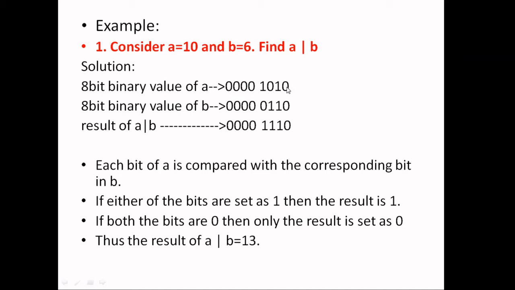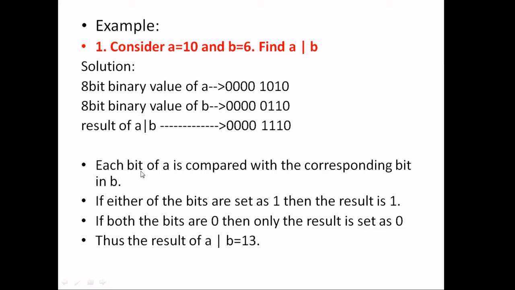In all other cases, if you have either of the bit as 1, the result will be 1. So here in this case, both the bits are 1, the result will be 1. Here either of the bit is 1, result will be 1. Again either of the bit is 1, result will be 1. Here all the zeros are there, simply it is 0.